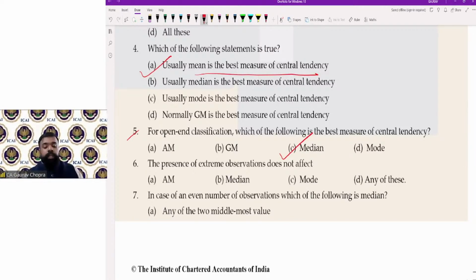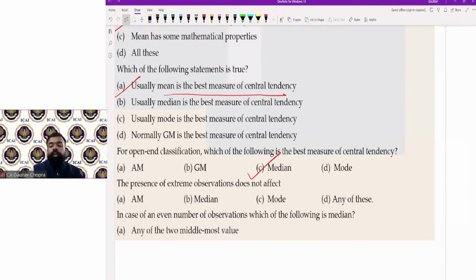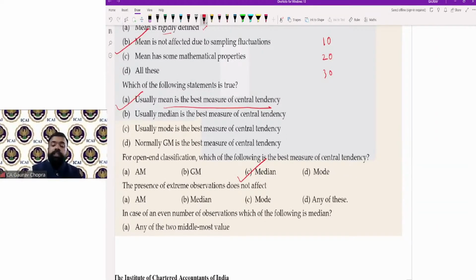Then 6. The presence of extreme observation does not affect. Now see, extreme observation का मतलब क्या है? 10, 20, 30, 40, 50. Extreme means the smallest one, 10, and the highest one, 50. ये दोनों extreme है. Now extreme observation किसको affect नहीं करेगा?